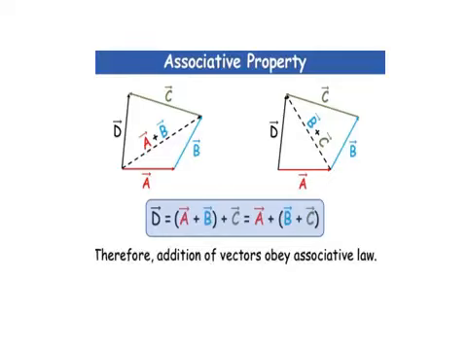If we have another vector C, then the resultant of A plus B is added to the third vector, and in the corresponding addition we get another vector, the vector D, by using the head to tail rule. Similarly, in the second figure you can see the right hand side of the law. It holds the same resultant vector. In both cases we have the vector D.